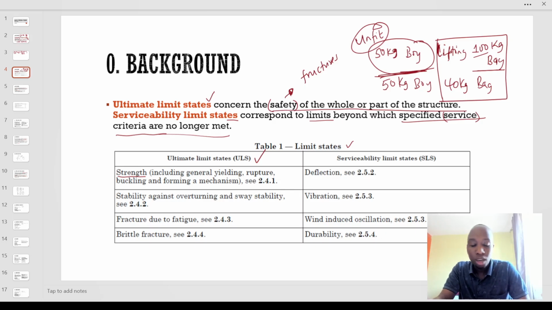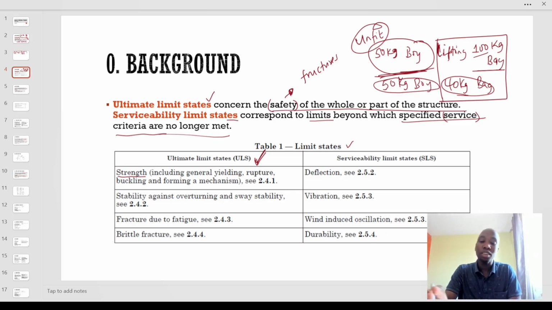It cannot hold that load. That is why we are saying it is part of the ultimate. If it is exceeded, if it is 51, that is beyond, it is unfit for use. But if it is 50 and the weight is 40, then the structure is okay.